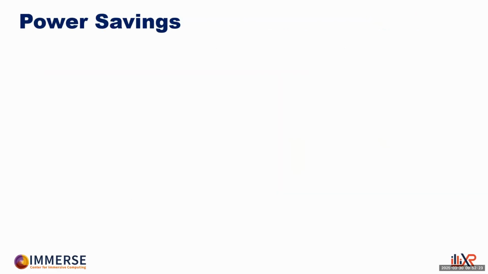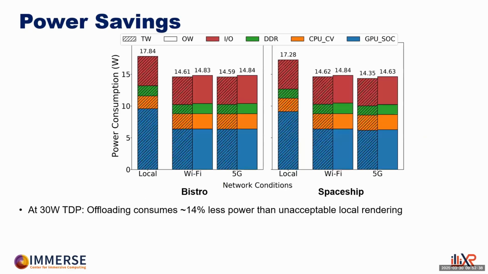So as Shinji mentioned, it's really important to also understand how our algorithms affect our power, because although we found that offloading can help in terms of quality, we also want to make sure that it's helping us save power. And thankfully, our results show that this is indeed the case.